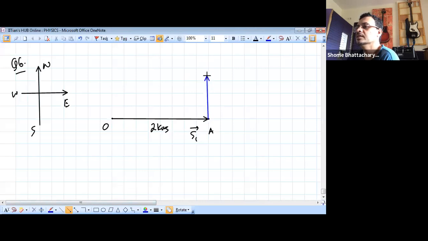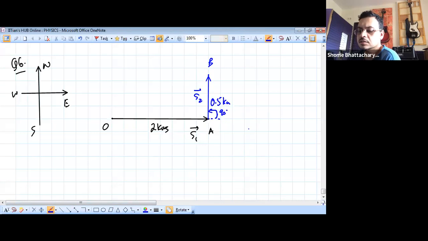So it's a 90-degree turn towards the left. And it's only half a kilometer, 0.5 kilometers. This is the second displacement. So from the direction of the first, he's making a turn by 90 degrees, like this, towards the left. So that is the second displacement, which is going towards the north. And that takes him to the point B.